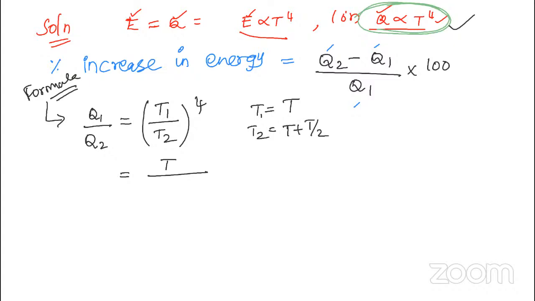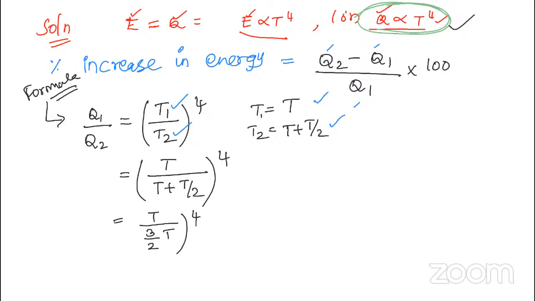Let us now substitute the T1 value and T2 value here. T divided by T plus T by 2, the whole power of 4. Here 1 plus half, 1 and half, that is 3 by 2. So T divided by 3 by 2 into T, the whole power of 4. Here we have to cancel out T.